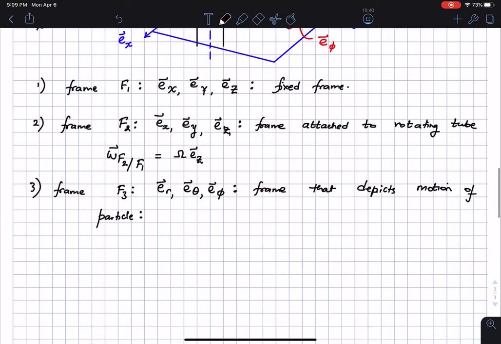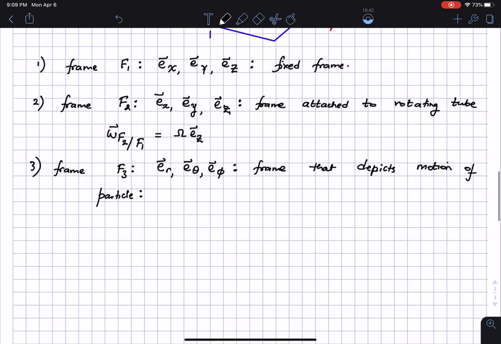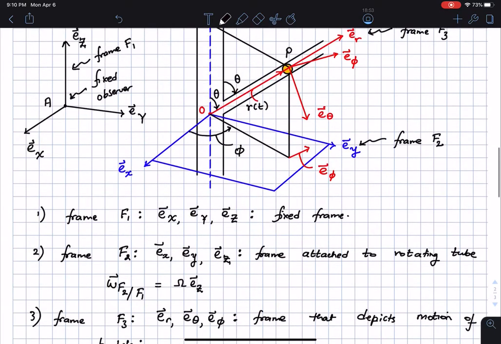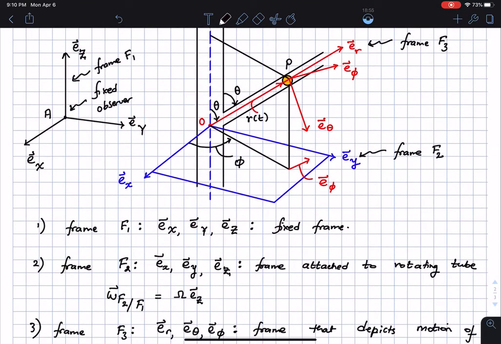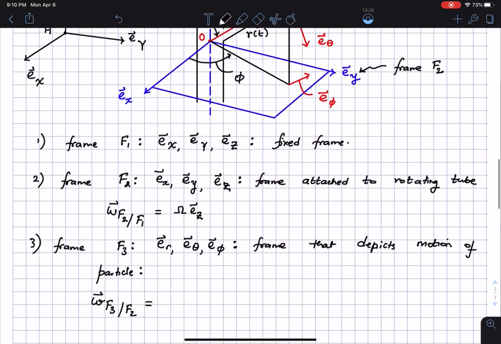If I were to write the angular velocity of frame F3 relative to F2, and bear with me, let's assume that this angle theta is not fixed to begin with, and then we will enforce that as a constraint later. We will see that the angular velocity of frame F3 relative to F2, if theta were allowed to change, would be theta dot in the E phi direction.